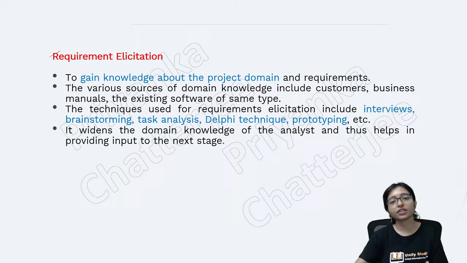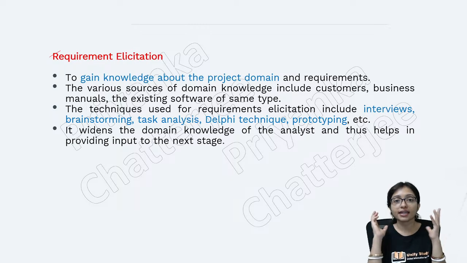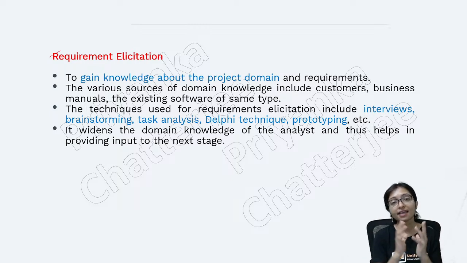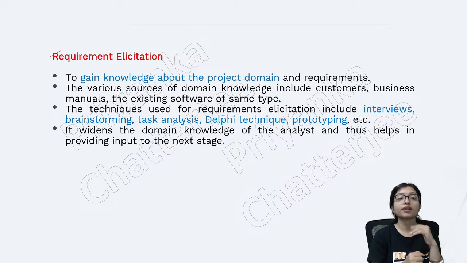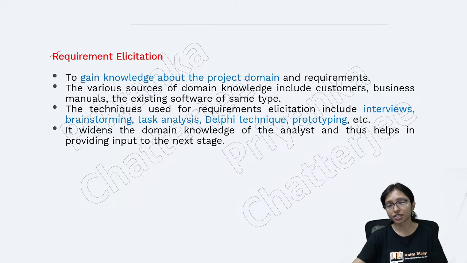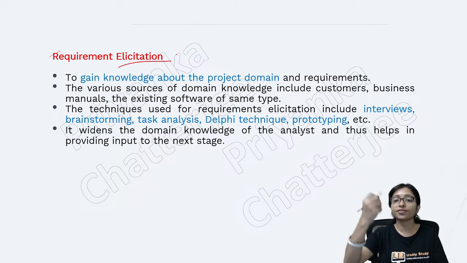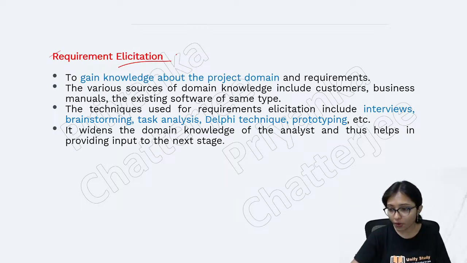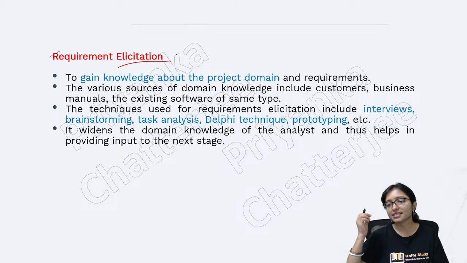Ultimately, understanding the requirement and gathering the information from the customer is part of elicitation. Elicitation means the process of gathering, so you gain knowledge about the product, project and domain. That is called elicitation.